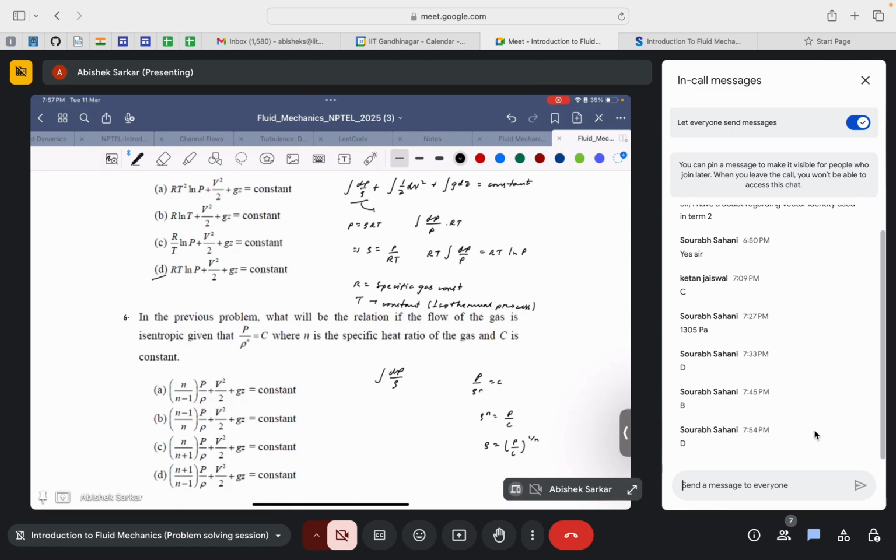Just substitute the value of rho here, then tell me what will be the integration. A bit more involved than the previous question, but same principles.